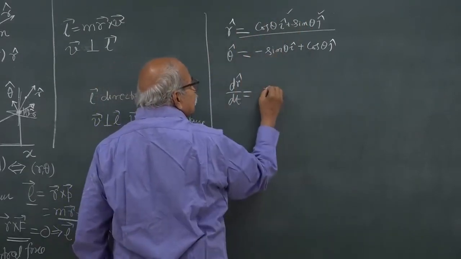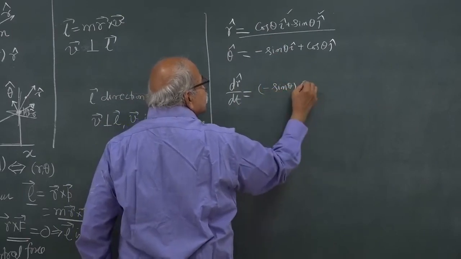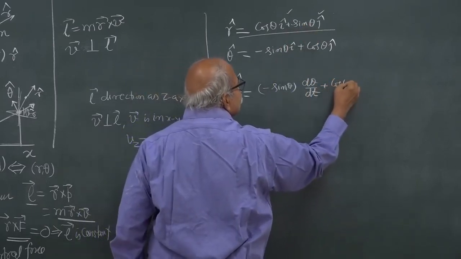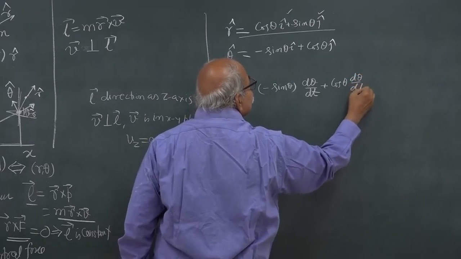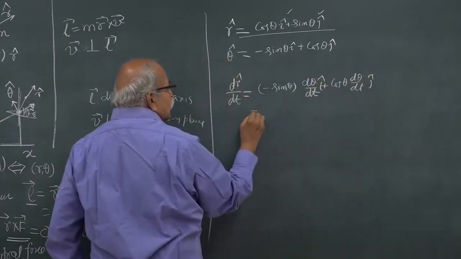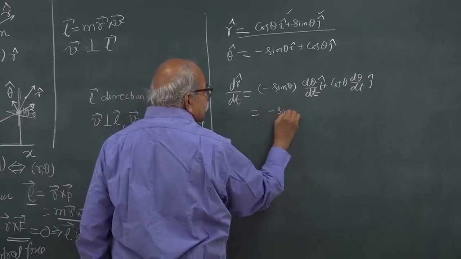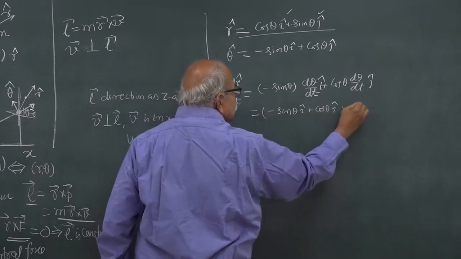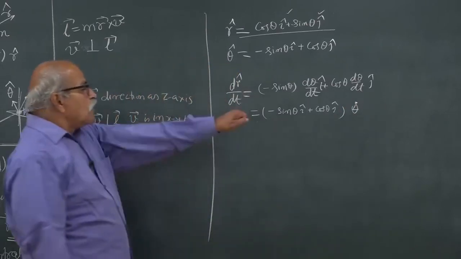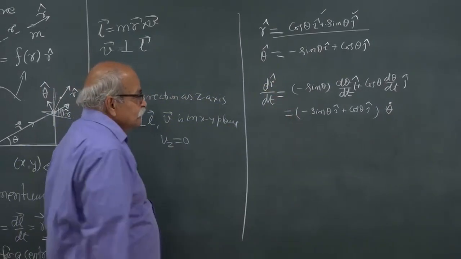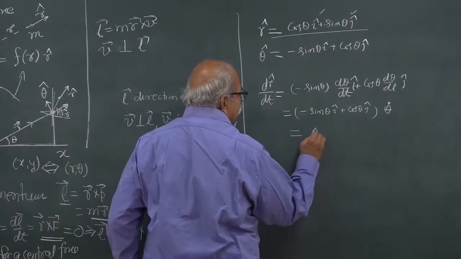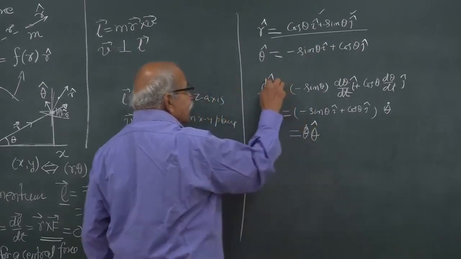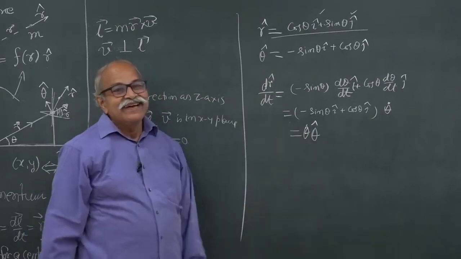So, this is minus sin theta times d theta dt i cap plus cos theta times d theta dt j cap, which is minus sin theta i cap plus cos theta j cap times theta dot, where dot means d dt of theta, and this is theta cap. So, dr cap dt is theta dot theta cap.